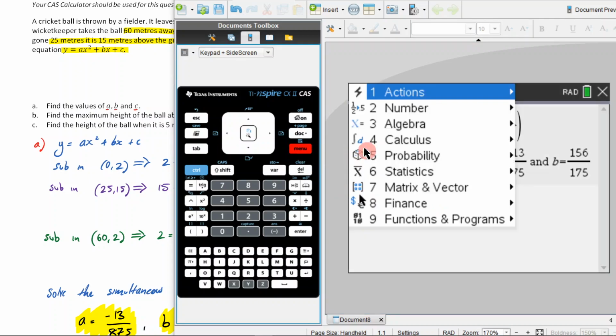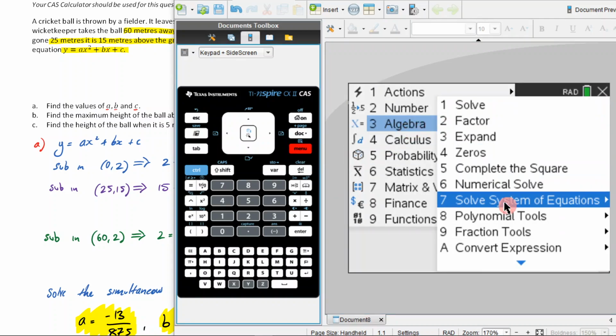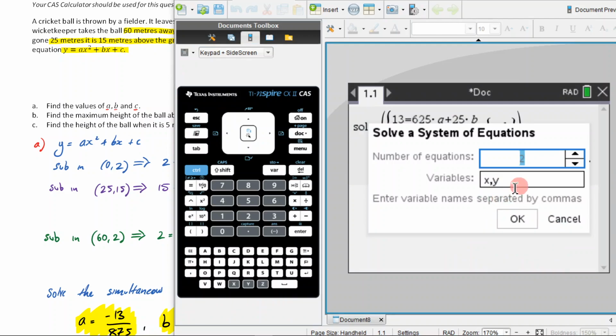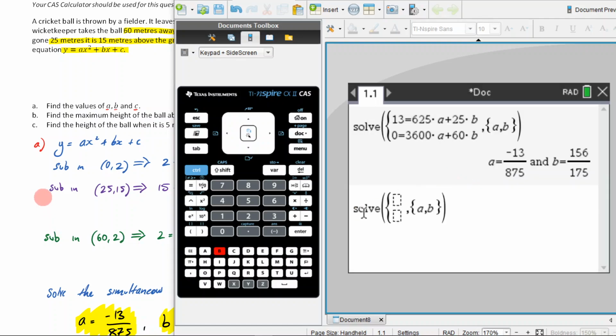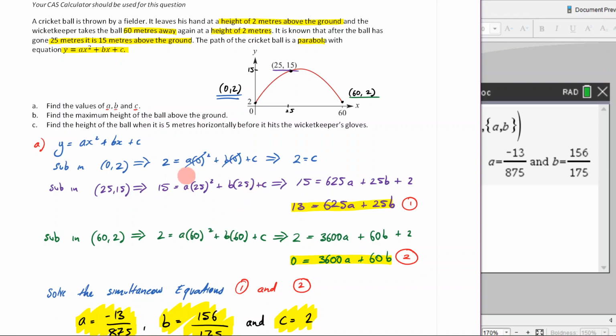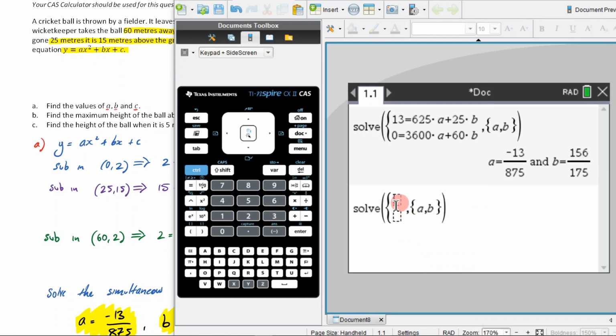So if we went menu, and we went algebra, and we went solve systems of equations, we've still got two equations, and we're still solving them for A and B. But let's say we didn't want to do all this substitution by hand. Is there a way that we could have done it on the CAS? There absolutely is. We could just type in our general rule here: y is equal to a times x squared plus b times x plus c.